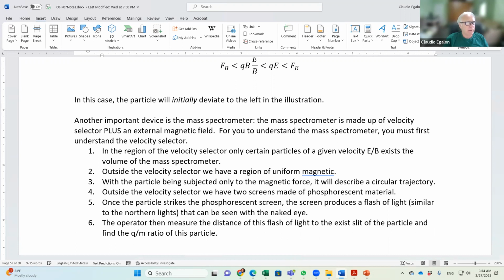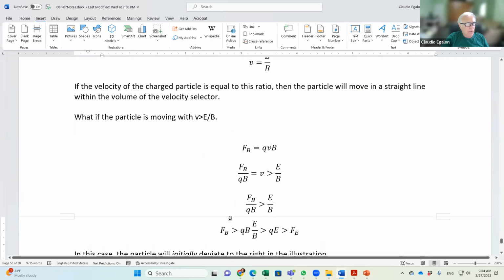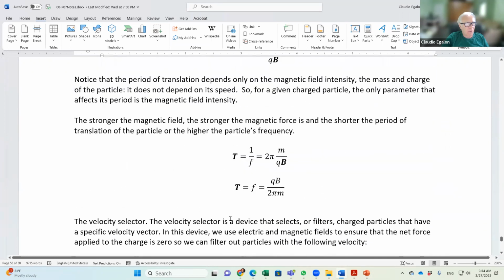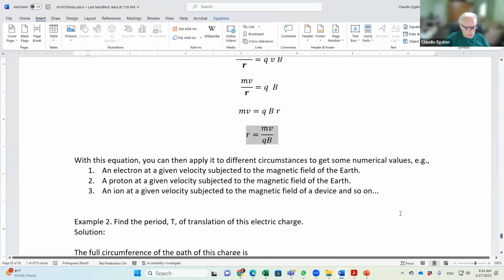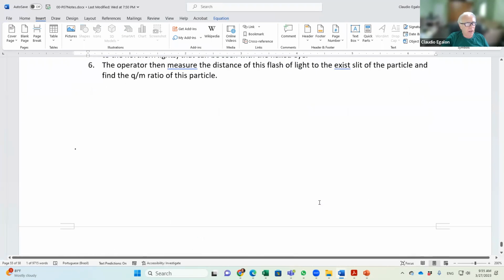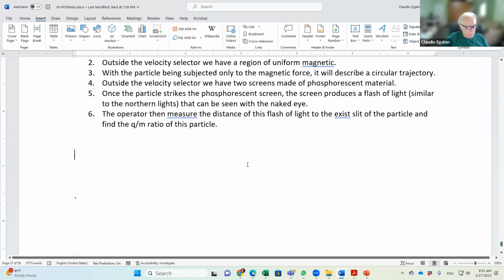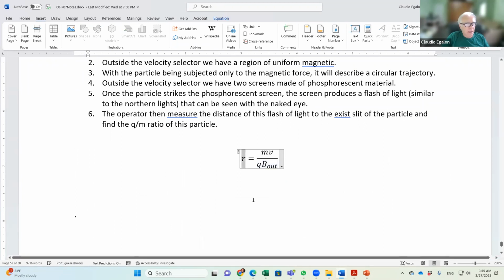And how do we do that? We're going to derive that right now. Actually, we already derived that. So it goes according to that equation that you saw before. The radius of curvature of the particle is given by this formula. Let's not forget here is this B out. This R is measured.